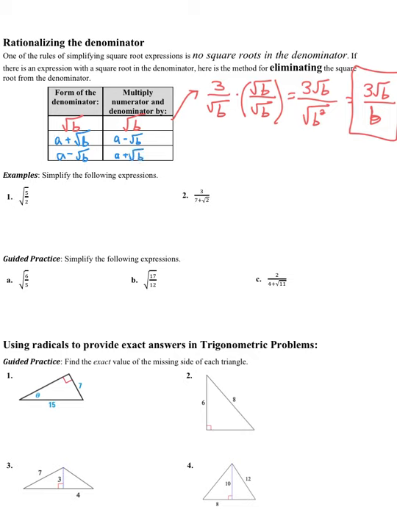So you would just say a minus the square root of b, which is called the conjugate. And I'll show you an example of this in a second. We're going to multiply by the conjugate, which is the opposite operation.